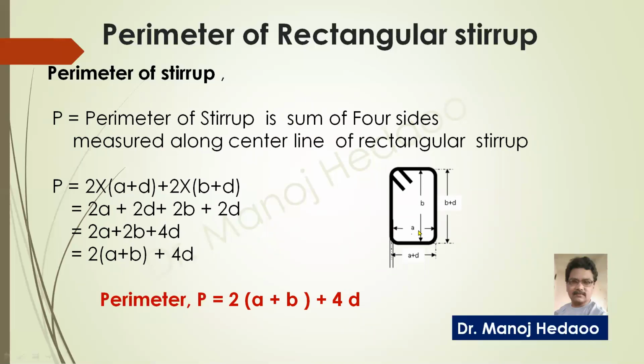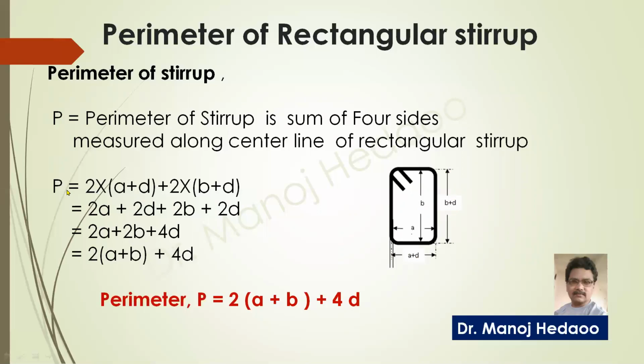So center to center distance will be a plus half diameter on each side, it becomes a plus D. Similarly, center to center distance between these two horizontal bars will be b plus D. So center to center distance will be a plus D and b plus D.